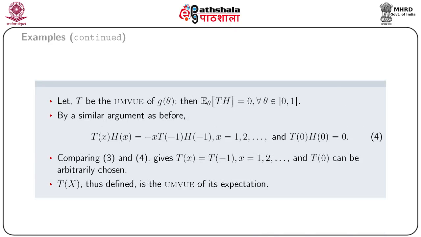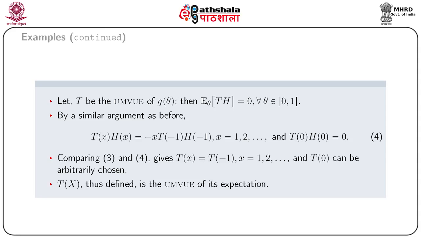Hence, by a similar argument as before, we get T(x)h(x) equals minus x into t(x minus 1) into h(x minus 1) for x equals 1 up to infinity, and t(0)h(0) equals 0.